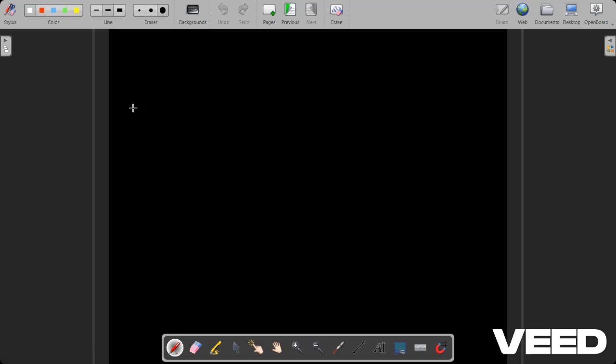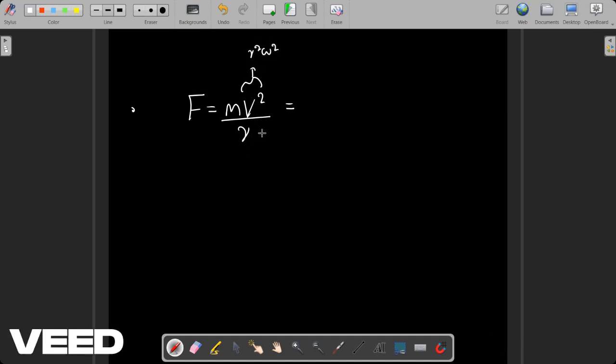Now we can plug in the formulas. If we remember, last time we derived the centripetal acceleration and came up with this equation: F equals mv squared over r. Or v means r omega, so r squared omega squared divided by r gives m r omega squared, right?